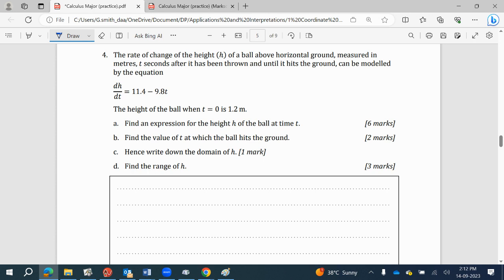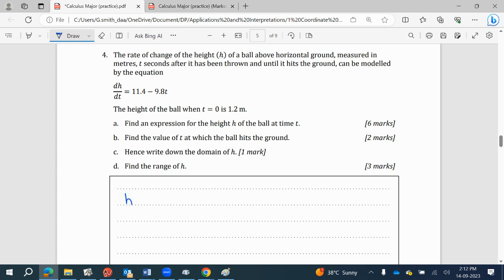So this is an integral question. It's an indefinite integral question where we find the c value. We're given a derivative, and we need to find an expression for the height. So we're given dh/dt. We need to find h.